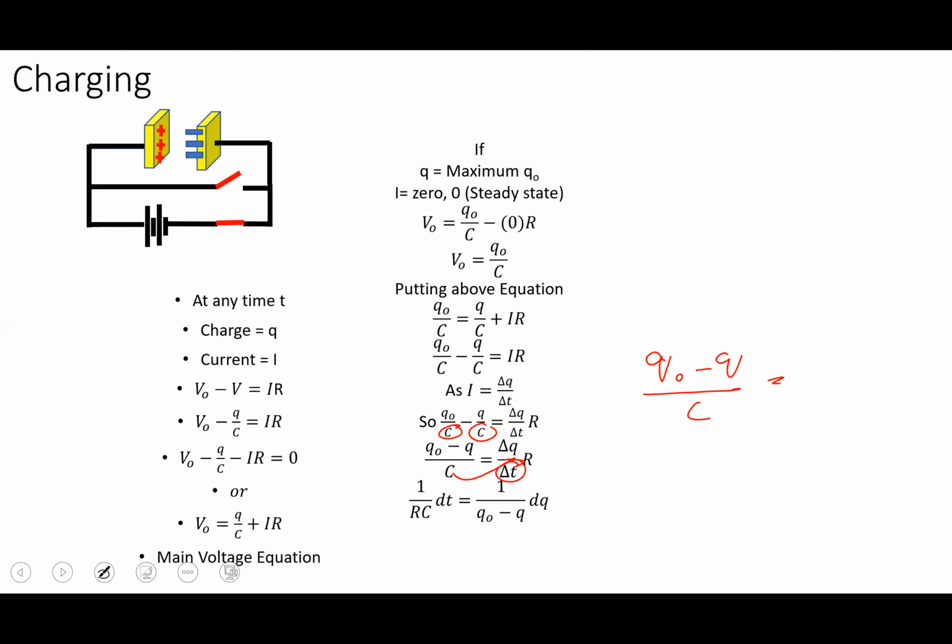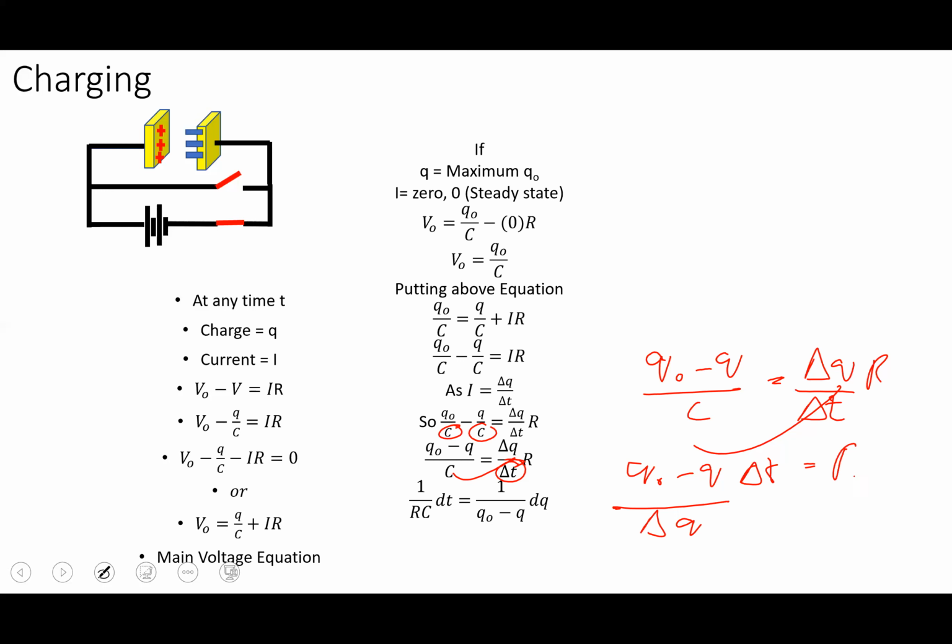Q0 minus Q over C is equal to delta Q divided by delta T into R. This C goes to the other side, it will be Q0 minus Q into delta T is equal to delta Q divided by this, delta Q will come over here.